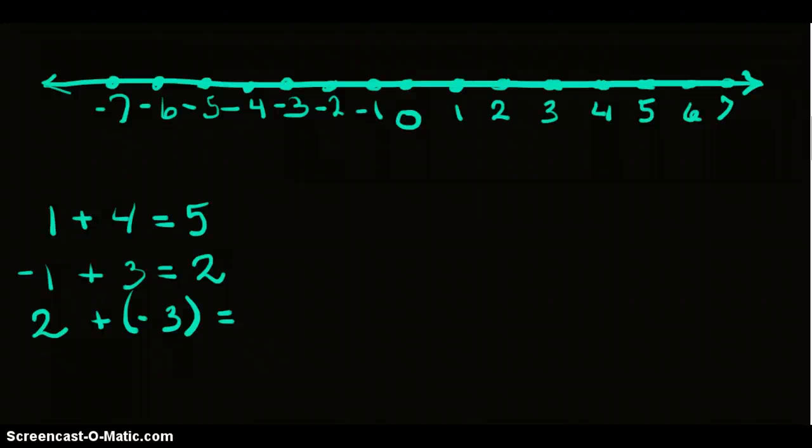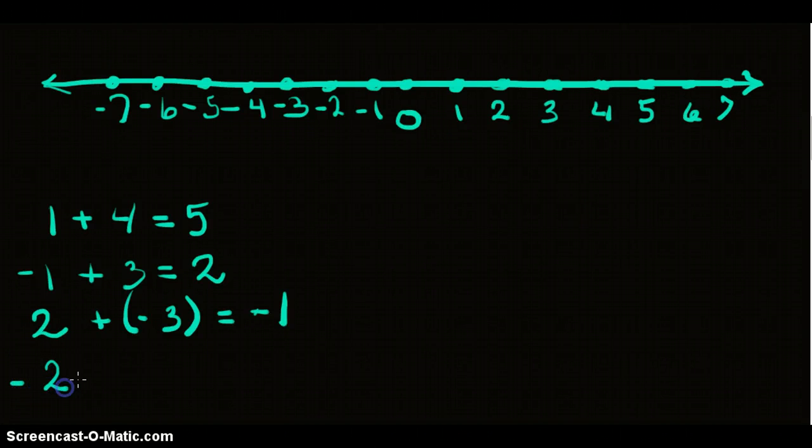2 plus negative 3. I'm going to start with positive number 2, but my second number is negative. So I'm going to start walking into negative world to the left. 1, 2, 3. And I end up at negative 1. So my answer is negative 1. All right, one more and then we're done with this.